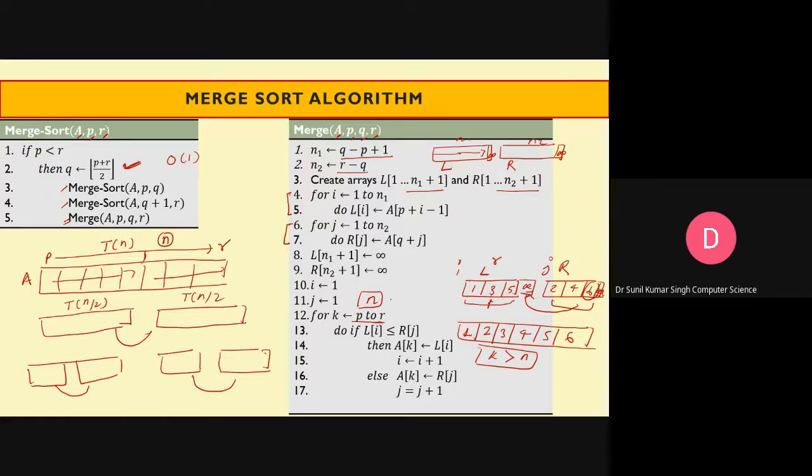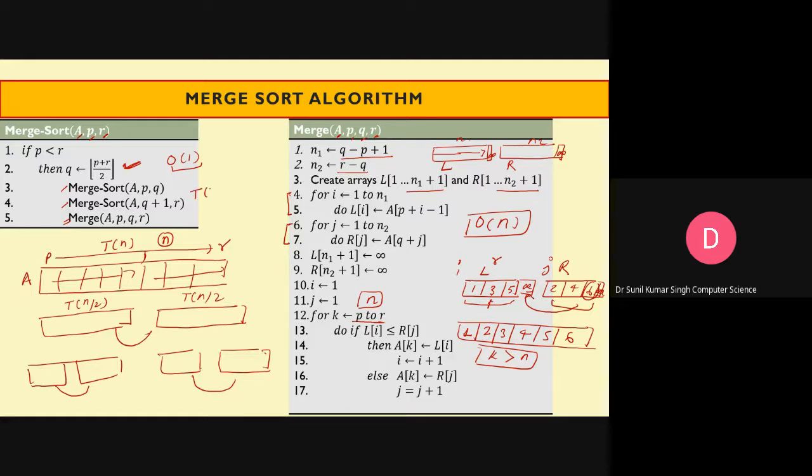So you can see the contribution of this algorithm in terms of its cost is going to be order of n. And division we have already discussed, and recursive steps we have already discussed.